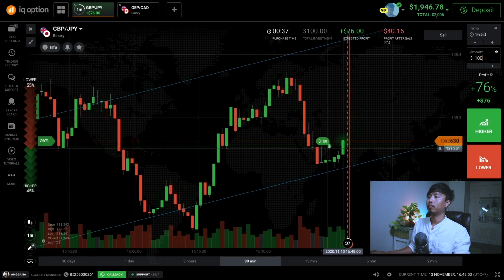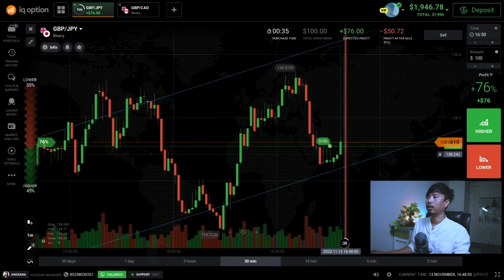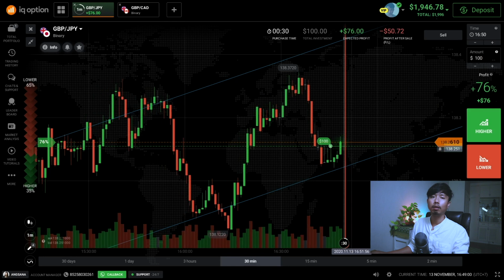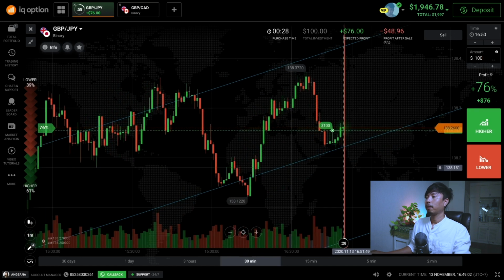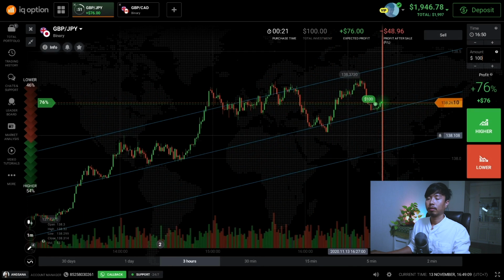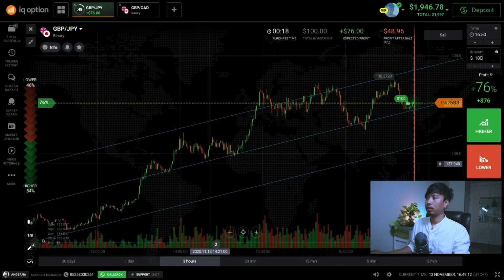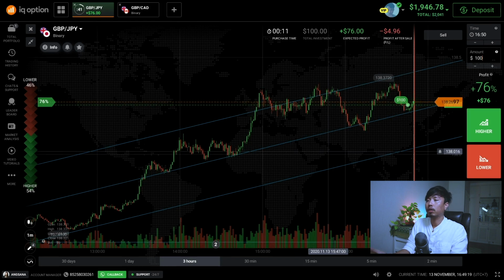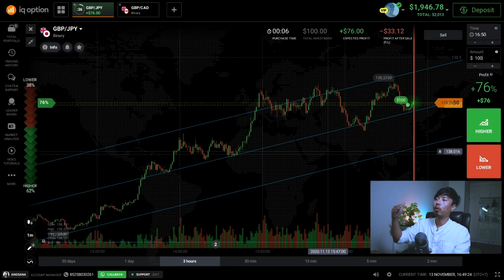So it means the market is pretty hard to predict already. So I will not follow. I will let it lose this point, and then we will have another one to recover if we are wrong. Okay, if I am wrong. So the reason we have this trend line is to look at the pattern of the market, where the market normally backs up high and where the market normally falls back down.